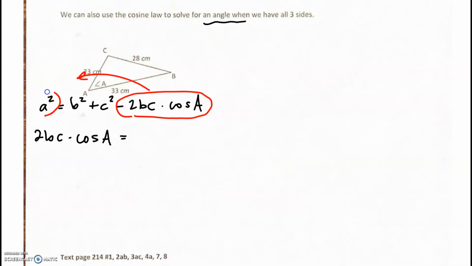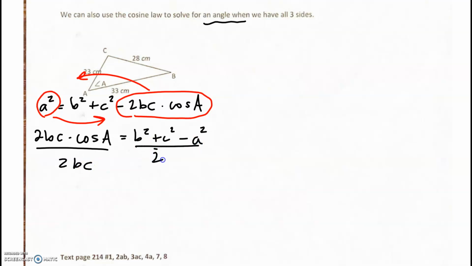And I'm going to take the a squared and move it over to the right. And so I have b squared plus c squared is already there, subtract a squared. And now to get cos A by itself, I'll just divide both sides by 2bc, that cancels.